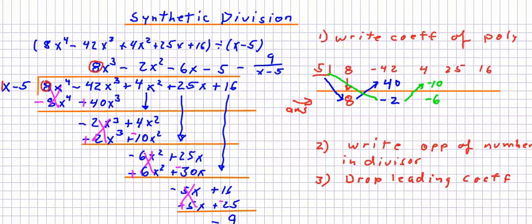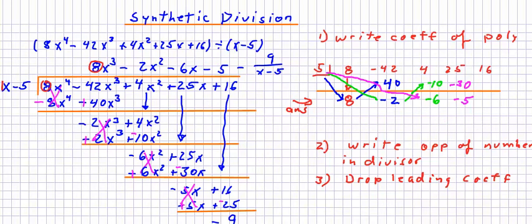I then take and multiply the 5 and the negative 6. I get negative 30. Add them together, and I get a negative 5. Notice that these numbers are the coefficients up here: 8, negative 2, negative 6, negative 5. And guess what?